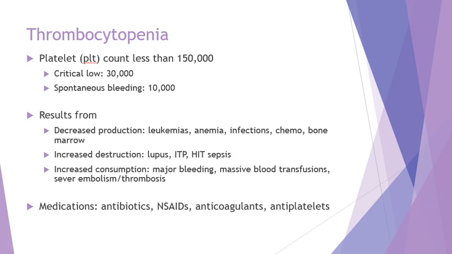And increased consumption is from things like major bleeding. As I'm bleeding, I am losing platelets and clotting factors because I'm trying to stop this bleeding. Massive blood transfusions also cause it, because we are diluting the platelets by filling you full of fluids, normal saline, and giving you RBCs.